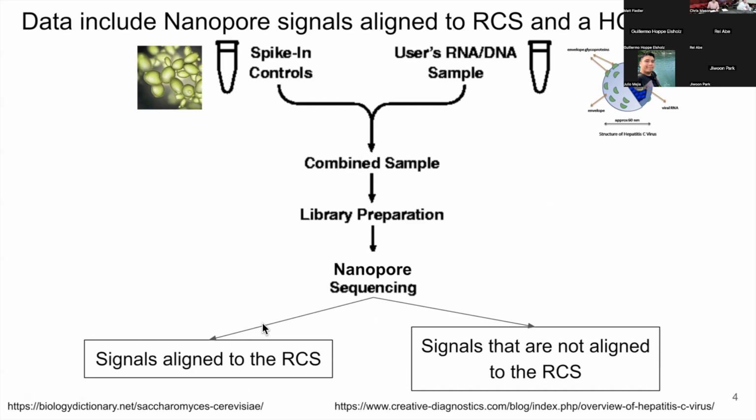And so as one would process this, how it would look in an experiment is it comes out after sequencing, and you will have signals aligned to the RCS, which is this yeast mRNA, and signals that are not aligned to the RCS, which is this hepatitis C virus.